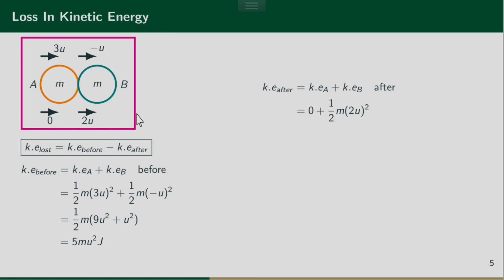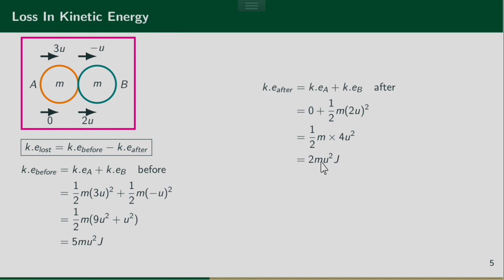So the only kinetic energy after impact will be the KE of sphere B. So we just find the kinetic energy of sphere B, which is half m into 2u all that squared, which gives us half m into 4u squared. 2 goes into 4 2 times, which gives us 2mu squared.